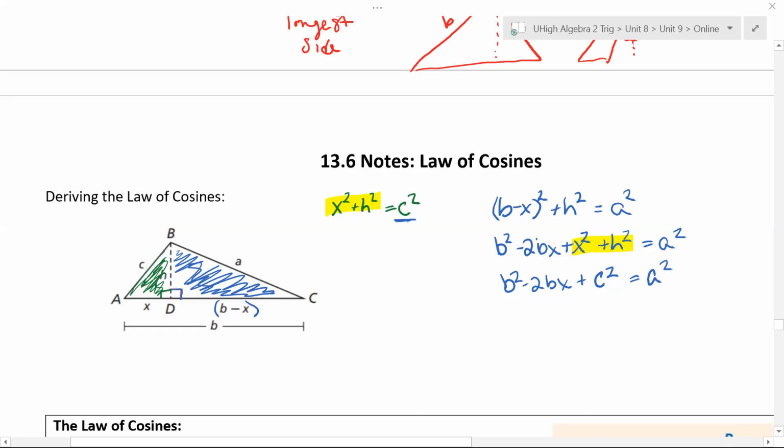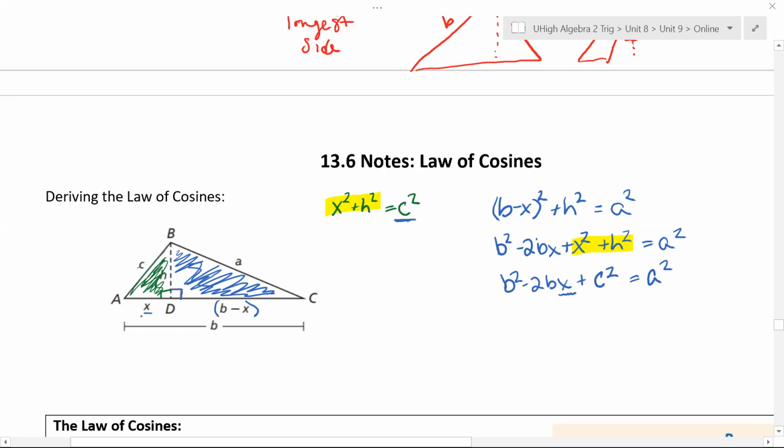The next thing I want to do is get this in terms of my overall triangle, in terms of sides A, B, C and angles A, B, C. That means I have to get rid of this x here, so I want to figure out what x is.